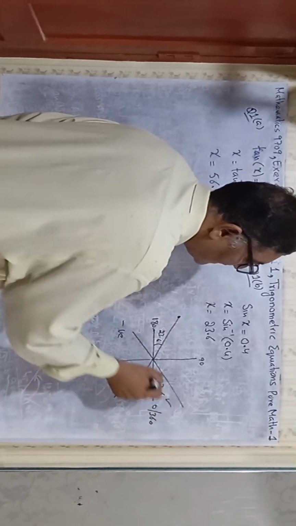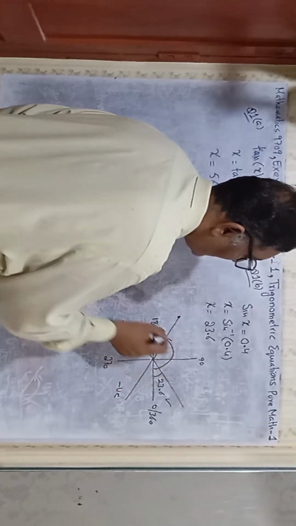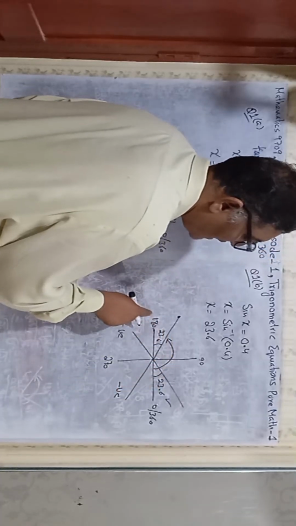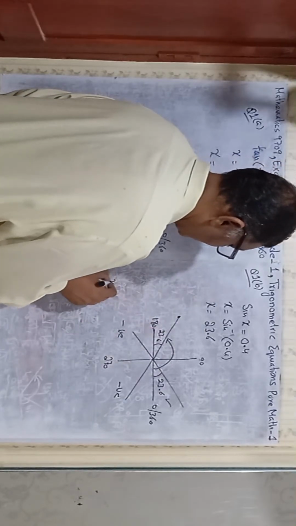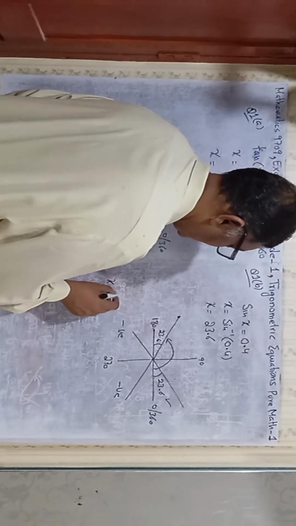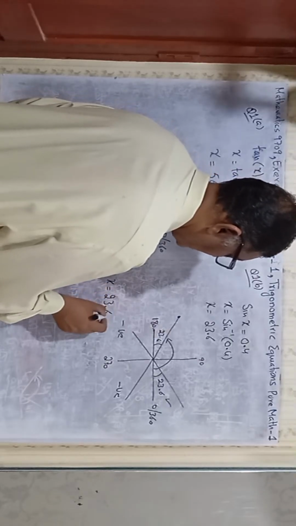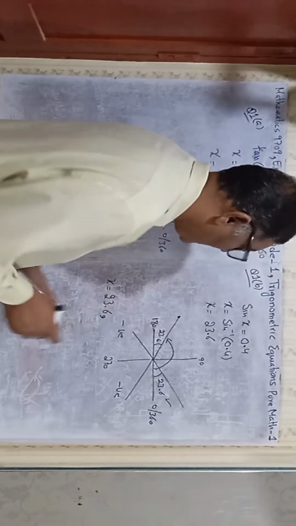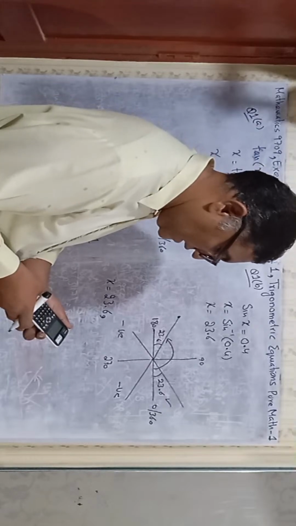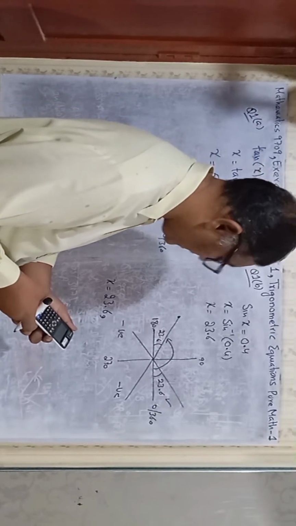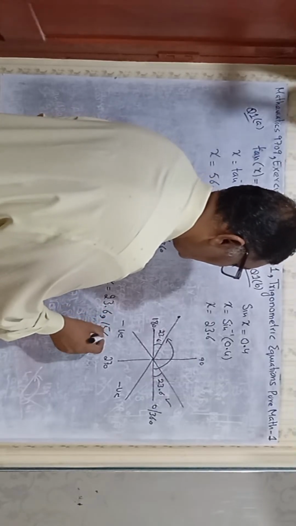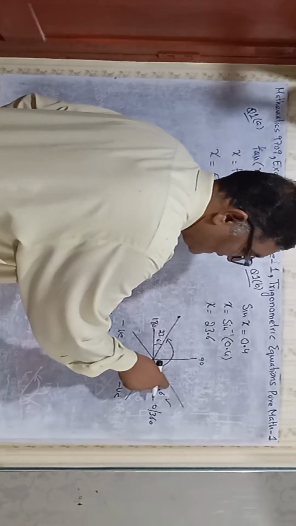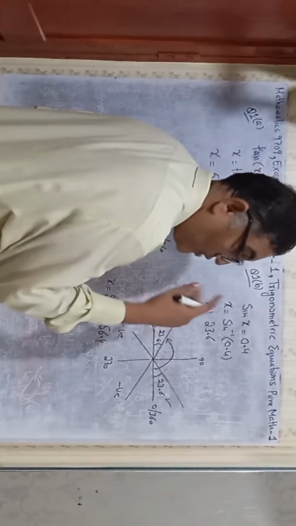The answer is this. Another answer will be this one, which will be 180 minus 23.6. So there will be two answers for x. One is 23.6 and the other will be 180 minus 23.6, and that will be 156.4. On this angle, the sine value will be 0.4, it's positive.